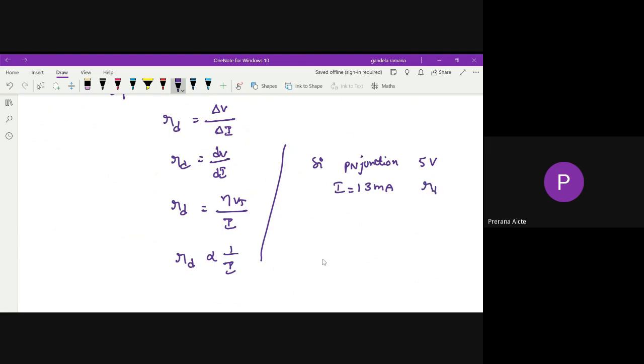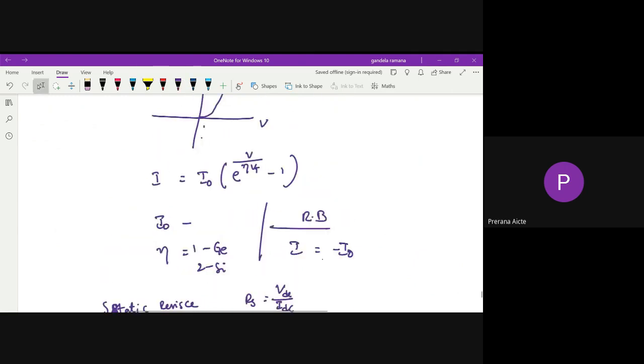What is the dynamic resistance? The formula is RD is equal to eta Vt by I. Eta for silicon is 2, as we just discussed, and Vt is 26 millivolts.